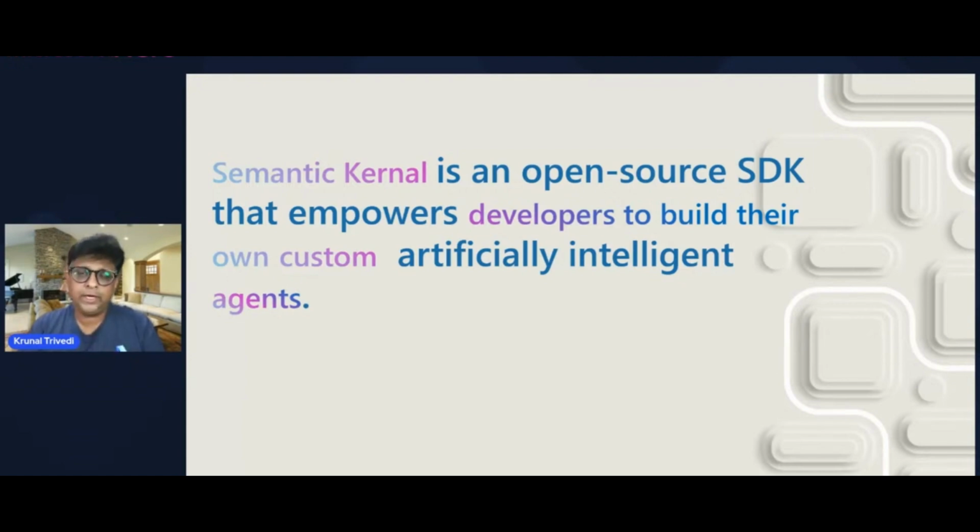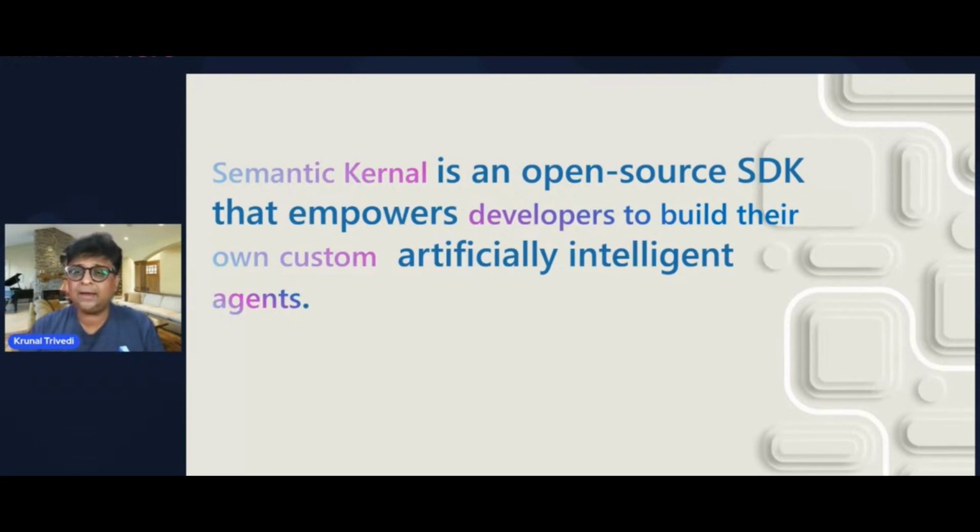But yes, what you need is your own AI agent which uses your organizational data as a data source. Plus, it has natural language processing capabilities, and you want to write it in your programming language of your choice. Sometimes you want to integrate with your existing C# application or Java application or Python application. And for that, here we use Semantic Kernel.